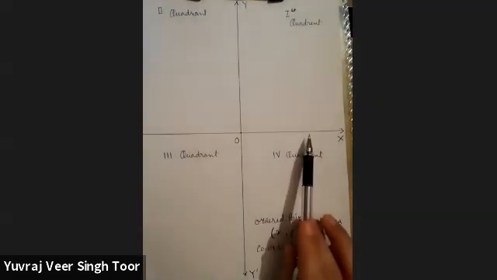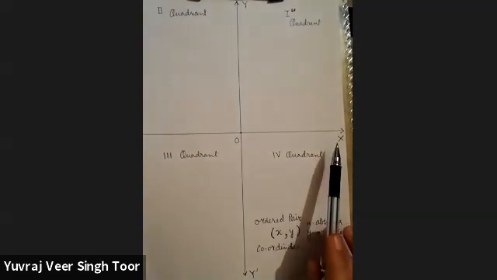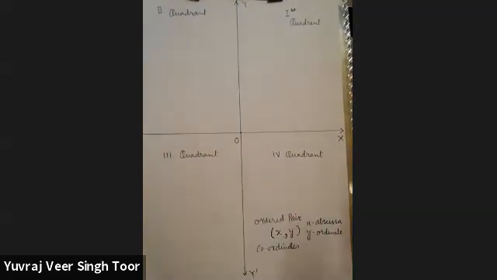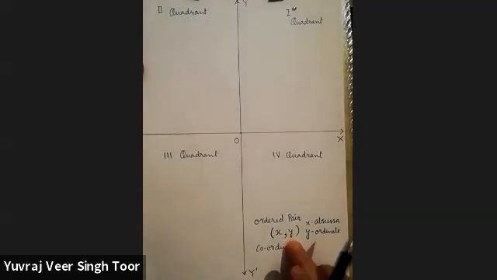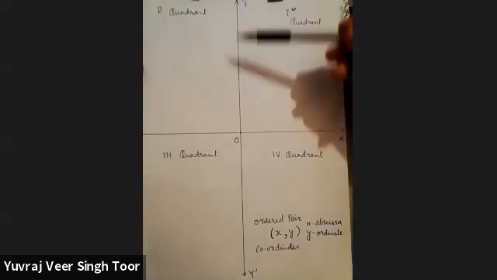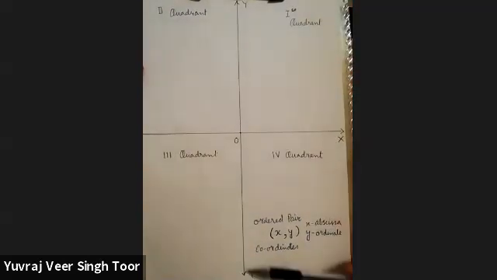All the points on the horizontal axis, make a note, their ordinate is 0 because they are not moving vertically up or down. So their ordinate, that means the y part, is always 0. And when you look at this line, you will find that the abscissa is 0.